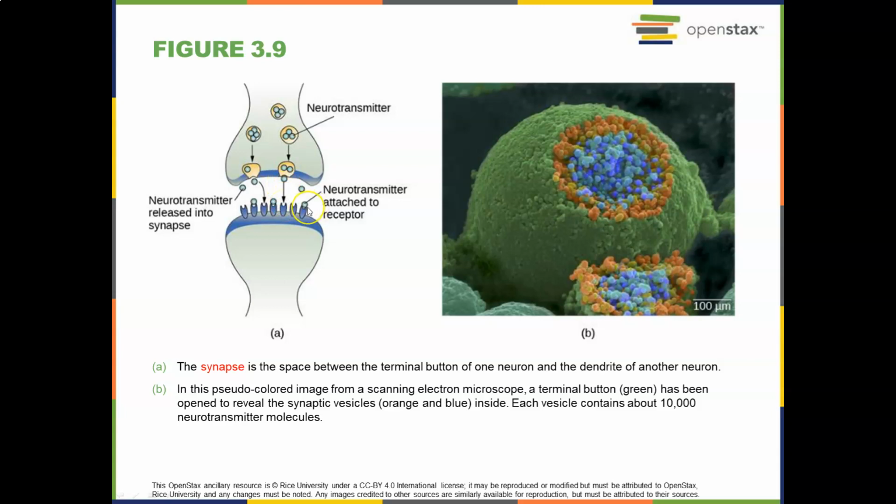You can see right in here that this is locked right in to what's called a receptor. And so that is how neurons actually communicate with each other. And that is happening constantly in our brains at all times.